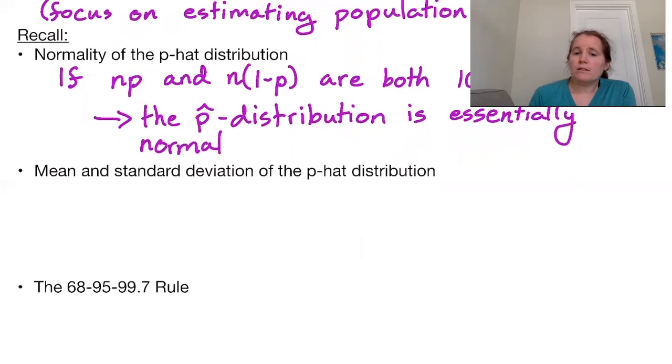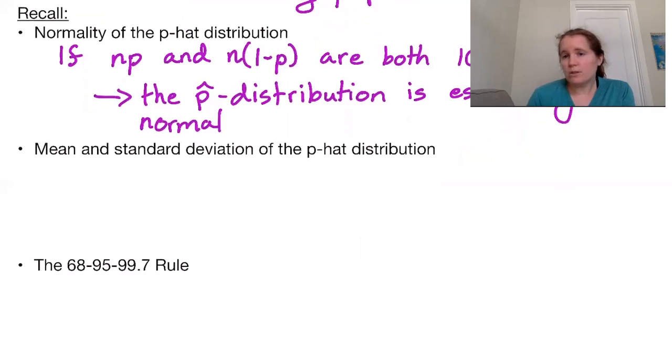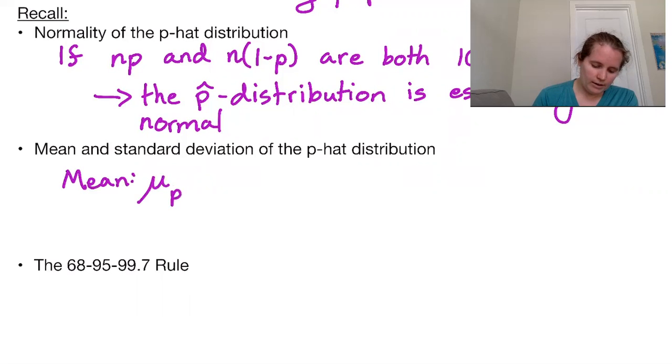Next up, the mean and standard deviation of the p-hat distribution. We know what these are if we know the true population proportion, as well as our sample size. The mean, mu sub p-hat, is just the true population proportion.